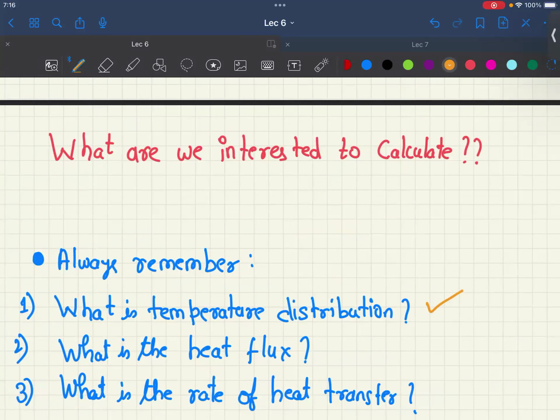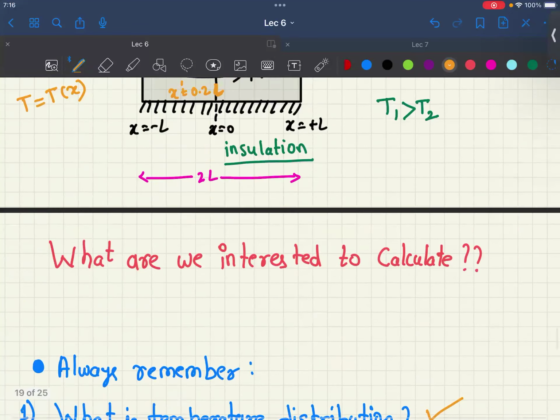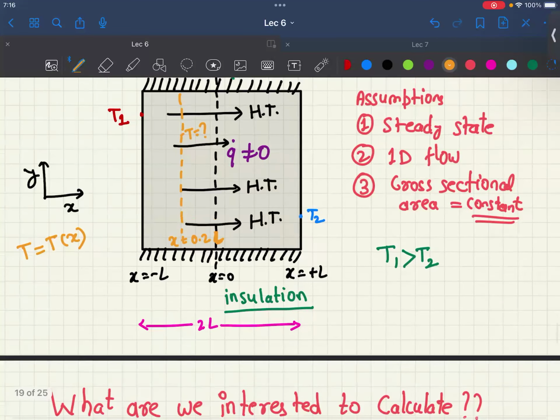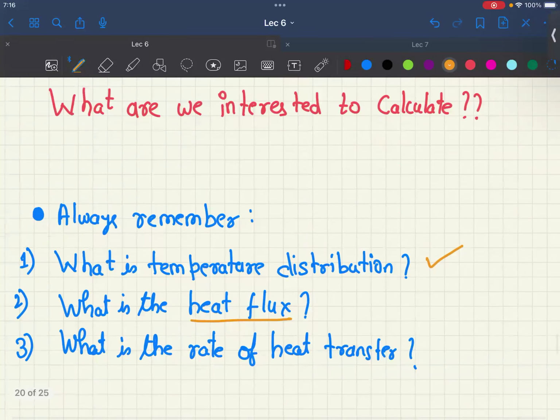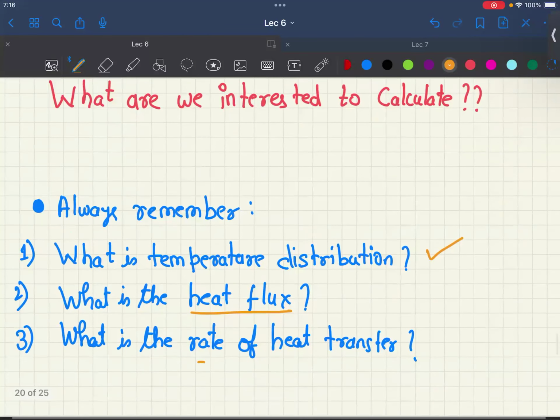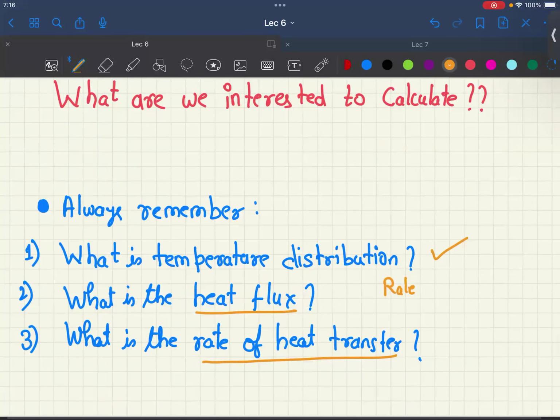Then the second point which we try to find is, what is the heat flux? What is the total heat flux or the rate of heat transfer? We know that the rate of heat transfer is nothing but area multiplied by the flux of heat transfer.